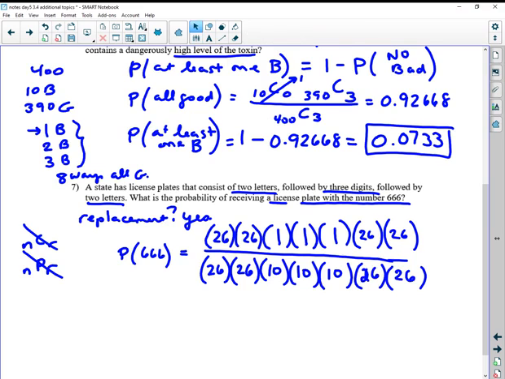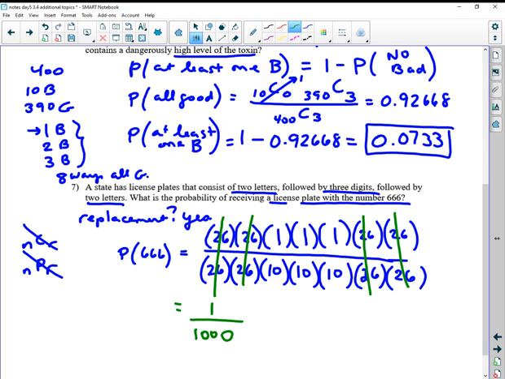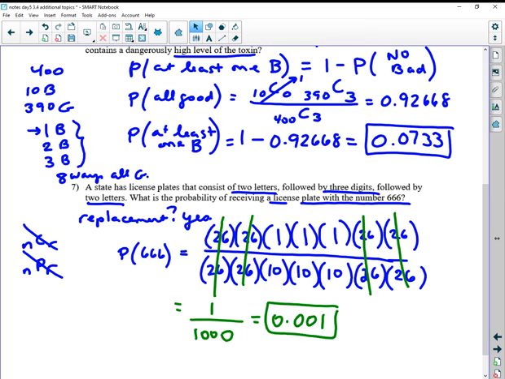With fractions, if you see the same number in the numerator and the denominator with multiplication, those things are going to cancel. We can consider those gone. That's 1 over the probability of getting that license plate given that situation.